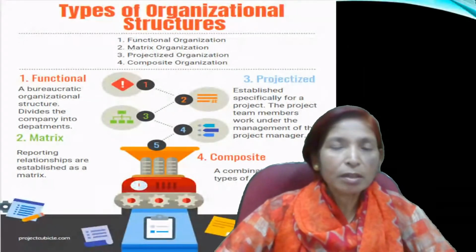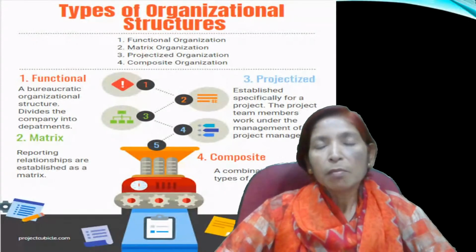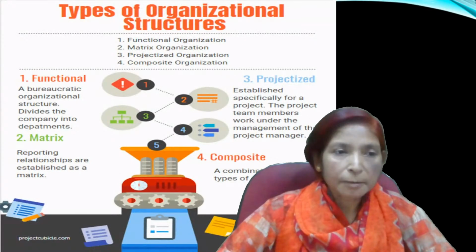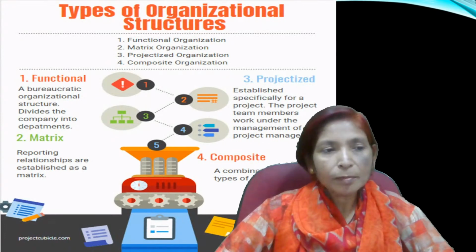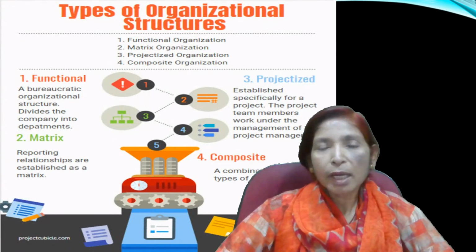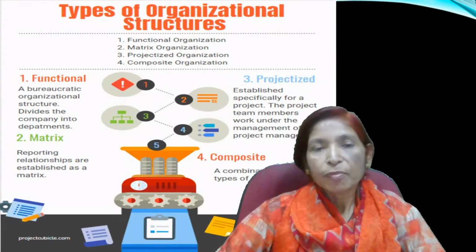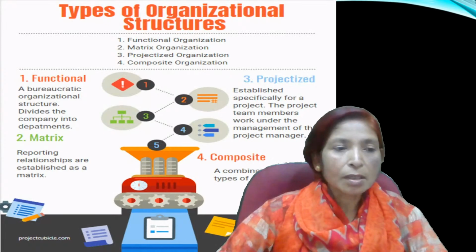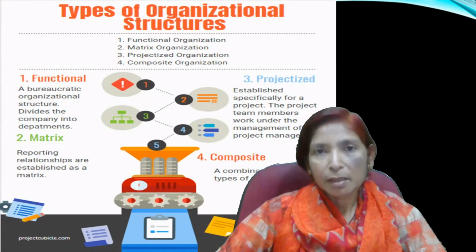Functional organizational structure mainly classifies the company's main functions into specific departments. So functional structure is a bureaucratic organizational structure which divides the company's or any organization's functions into departments. Second is matrix organizational structure. In this structure, reporting relationships are established as a matrix.